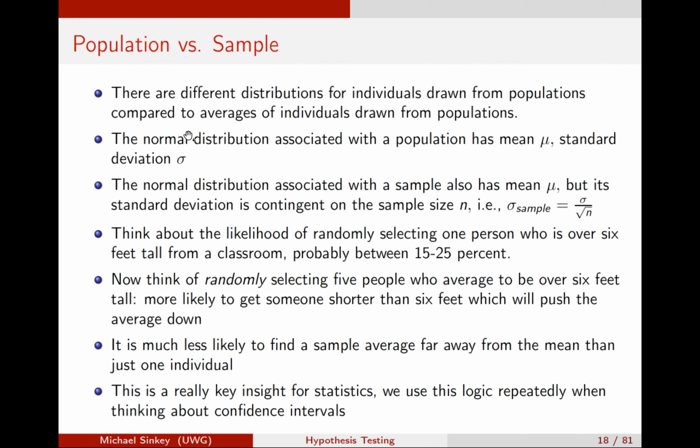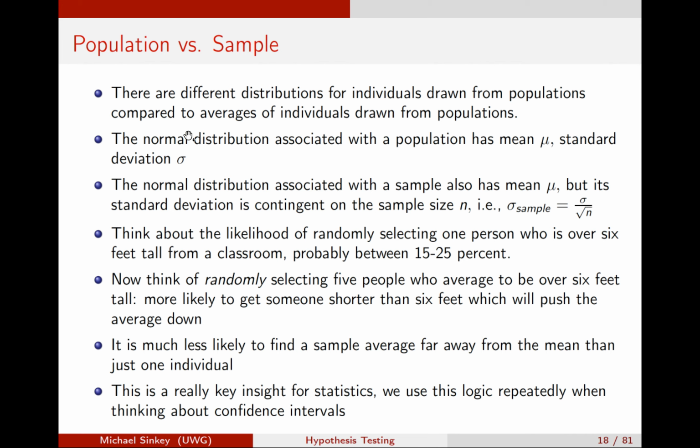So the normal distribution associated with any particular population has a mean mu and a standard deviation sigma. With a sample from that population, there's a different normal distribution, and we call this the sampling distribution.